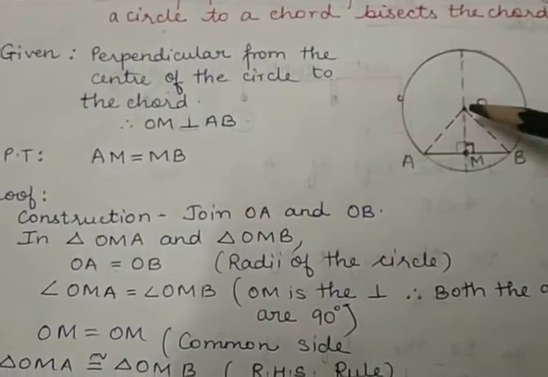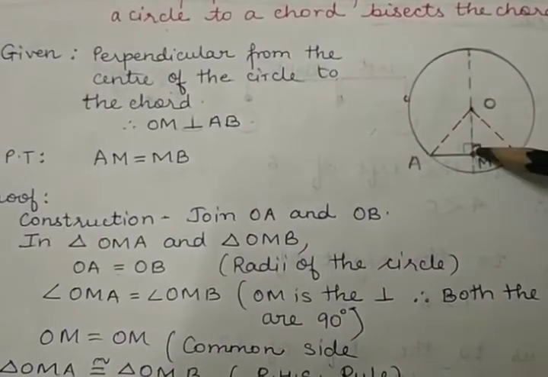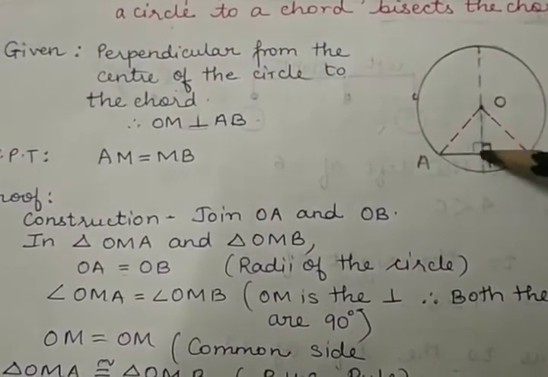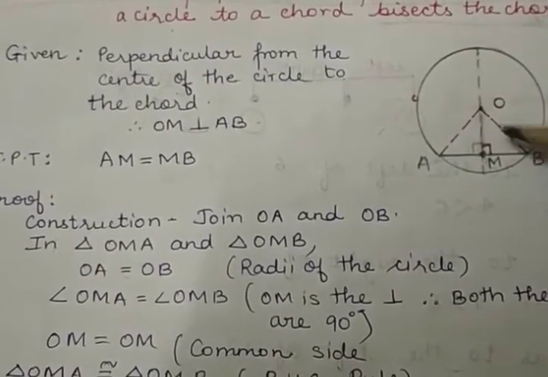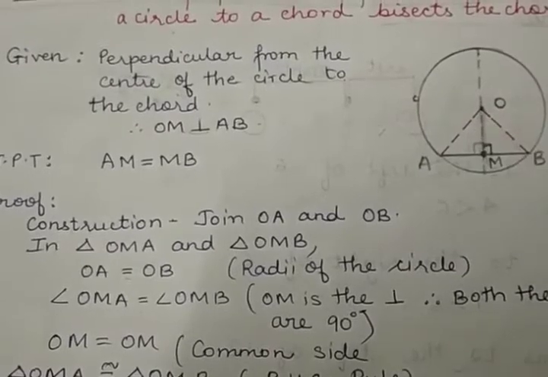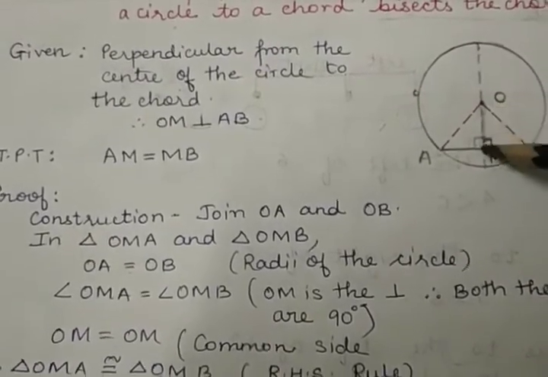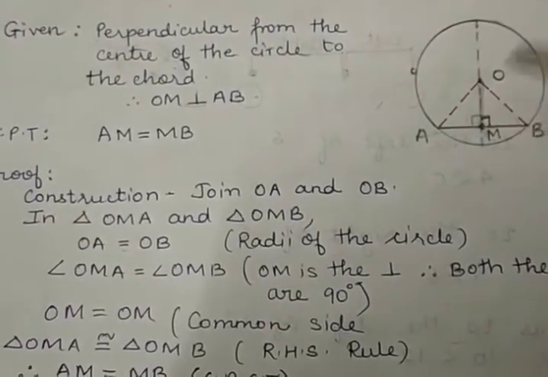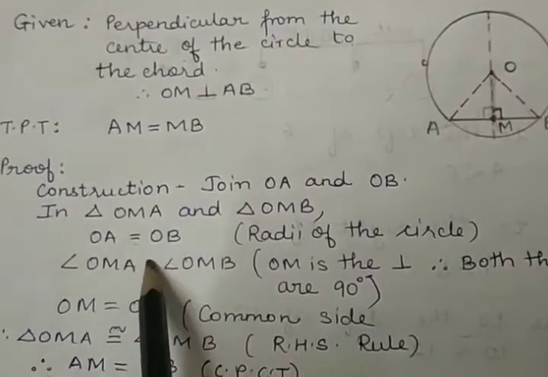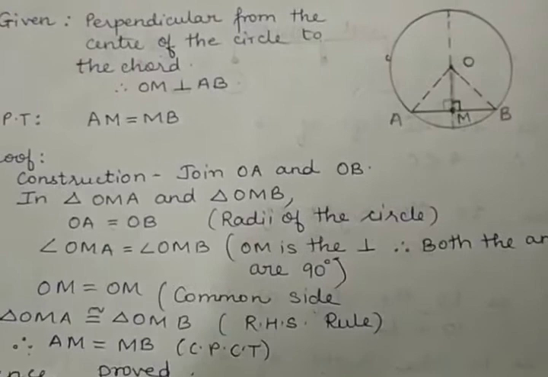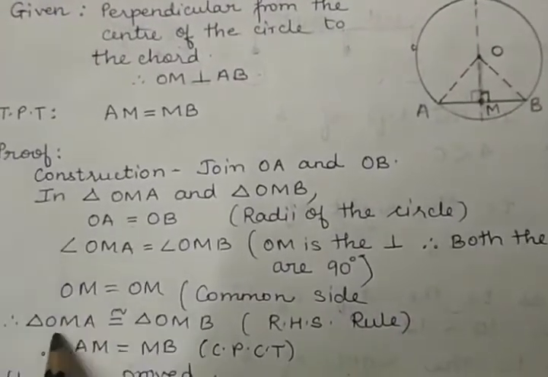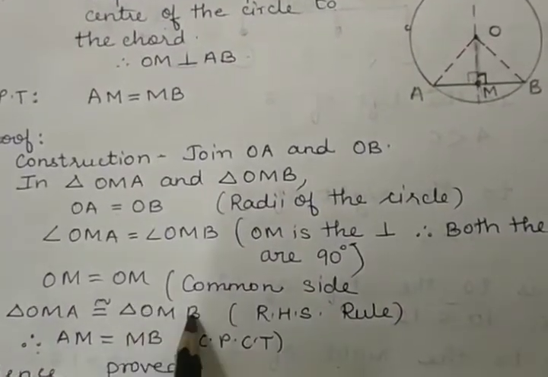Next, the side OM is equal to OM. This is a common side, common to this triangle as well as this triangle. So you have got three conditions here, and you can say the triangles are congruent. Therefore, triangle OMA is congruent to triangle OMB.